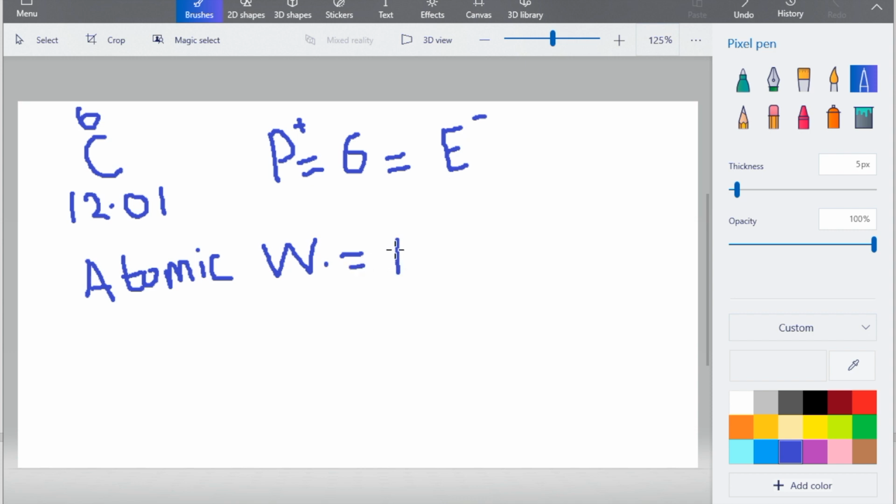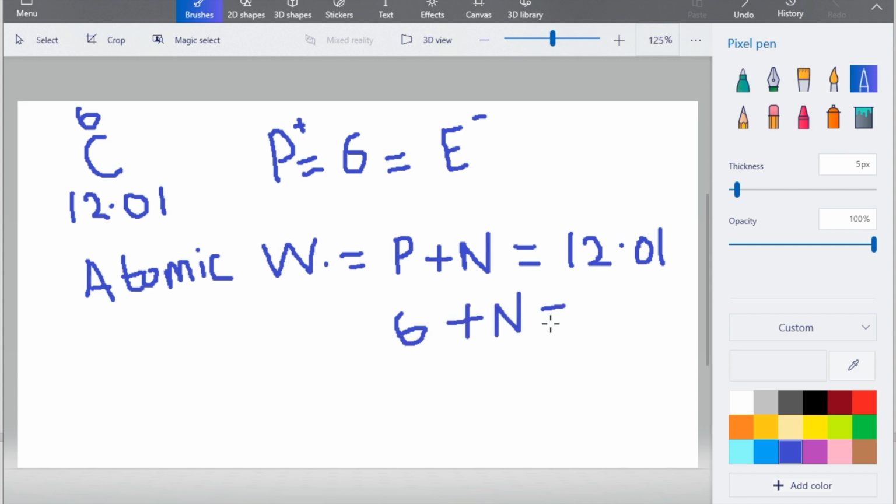It's because 12 is going to be equivalent to protons plus neutrons, which is going to be equivalent to 12.01. All right. Now, if we know the protons is going to be 6, so this equation is going to be 6 plus neutrons equivalent to 12.01.